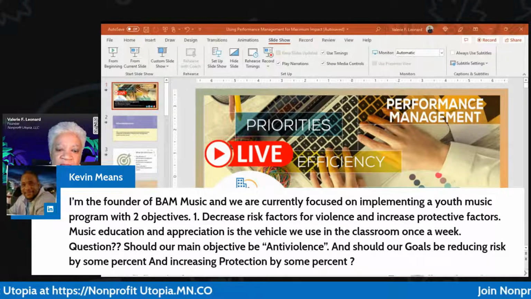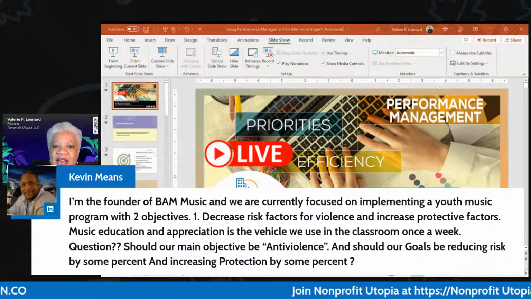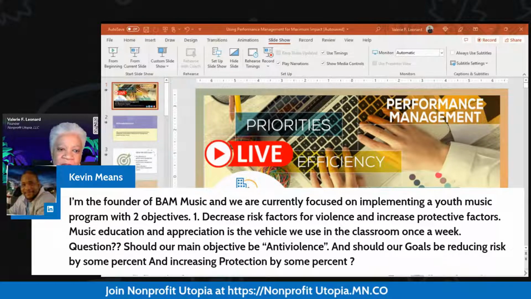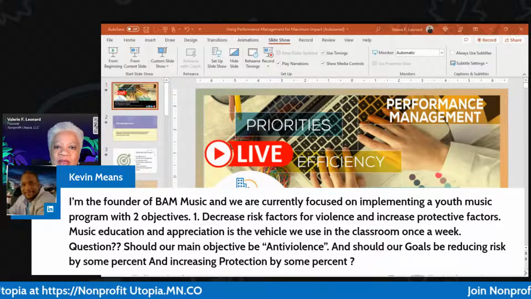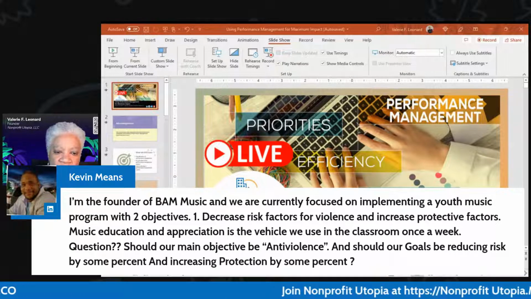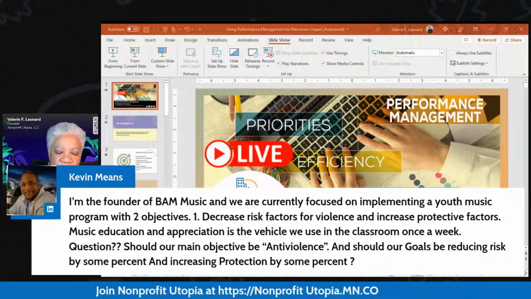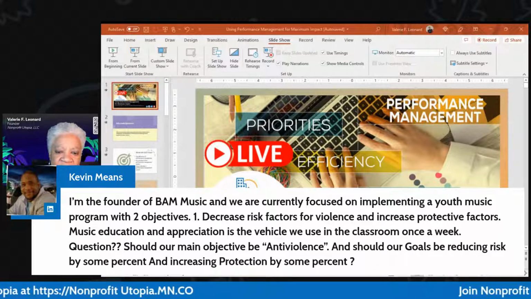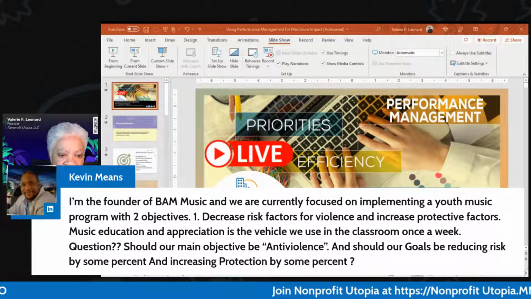So when we look at the protective factors, we're looking at those things that they have in their environments naturally, and if not naturally, how we can make sure that they get access to those supports that would help them heal from trauma, right? So as we look at those factors, we want to decrease the risk factors for violence and increase the protective factors that help them become more resilient and healthy, right?